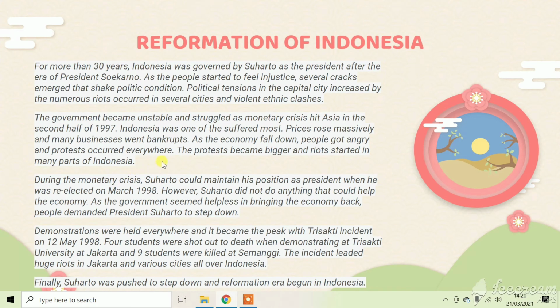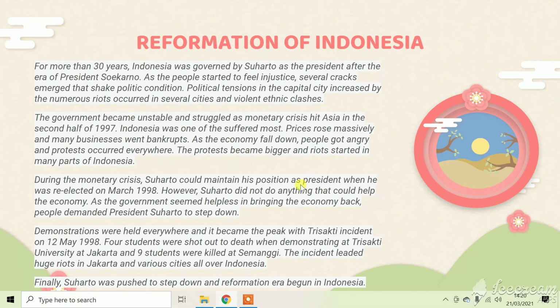And the example here, as the demonstration, the government became unstable and struggled as the monetary crisis hit Asia. It is also a kind of time connective. Here it is an example of time connective.